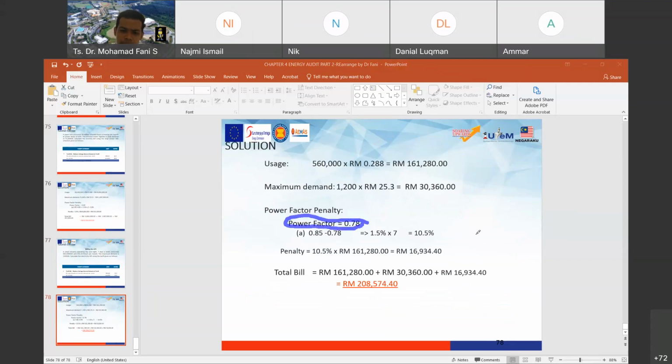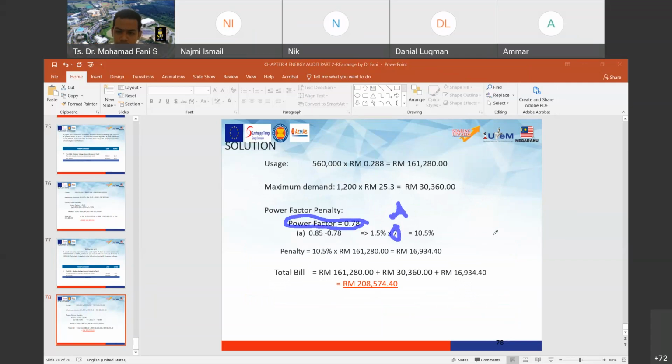So we know that we have two conditions of power factor. If you got this value, the first one is 0.7 to 0.85, also multiplied with 1.5%. This one is 7 unit.